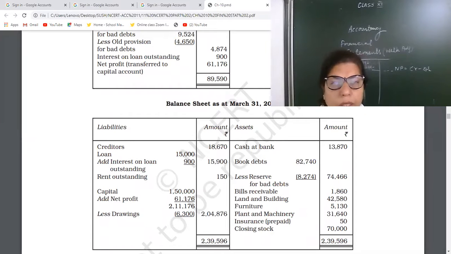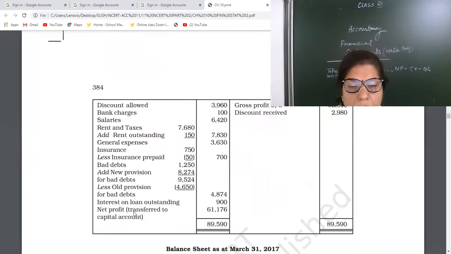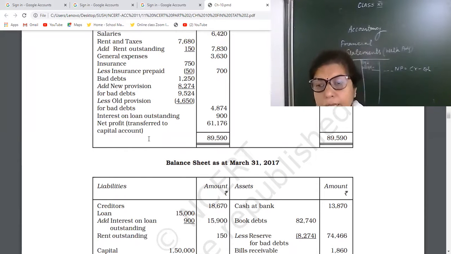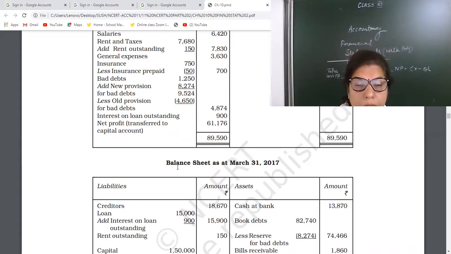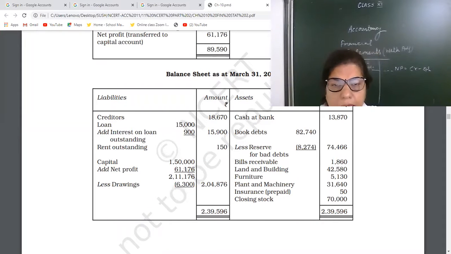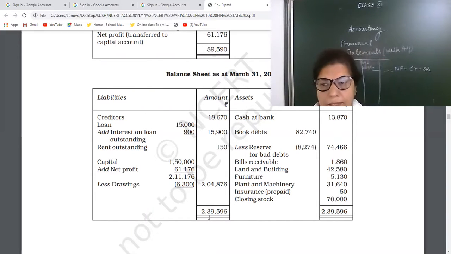This trading and P&L. See, the trading account is showing gross profit or gross loss, while net profit and net loss can be calculated with the help of profit and loss account. So trading and P&L account are prepared to know the profitability, while the balance sheet, if you match liability side with the asset side, shows accounts authenticity, accuracy, as well as financial position of the organization.